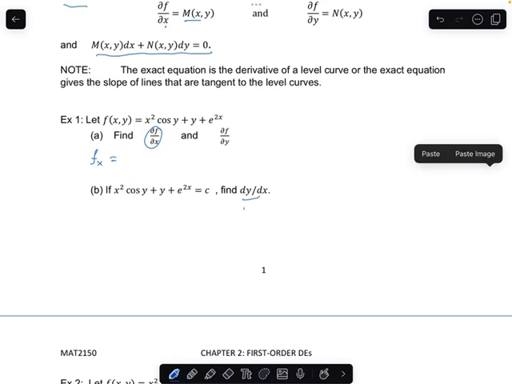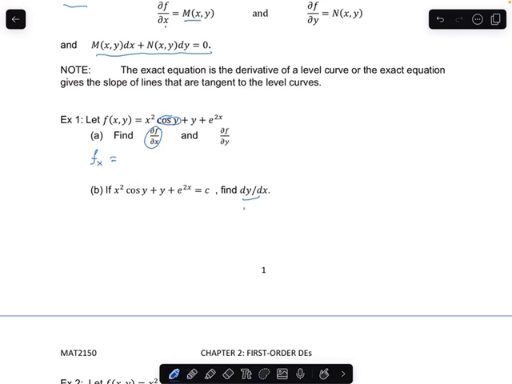and if it is just y alone, then the derivative will be 0. But if it is coming with a function of x, we just differentiate the function of x and the function of y just stays as it is, like a constant. So the first term is x squared cosine of y, so cosine of y will be treated as a constant.